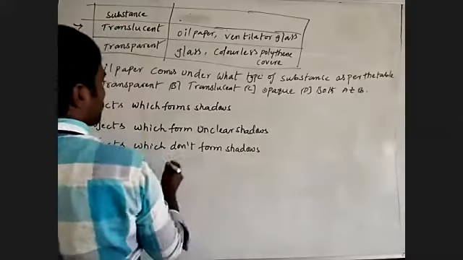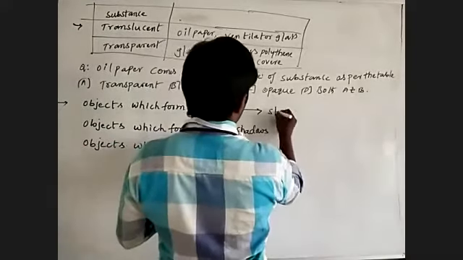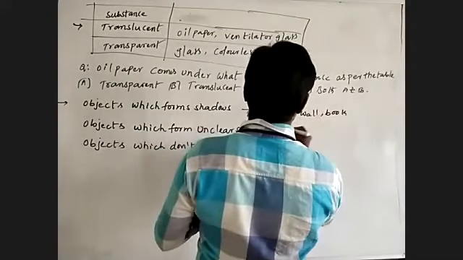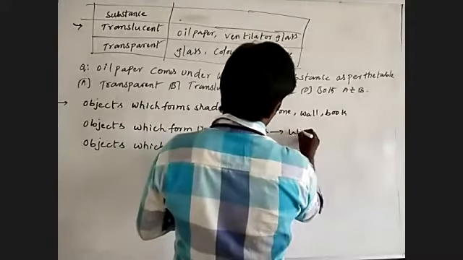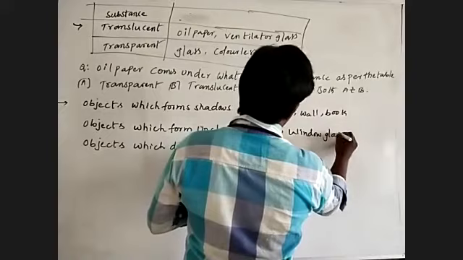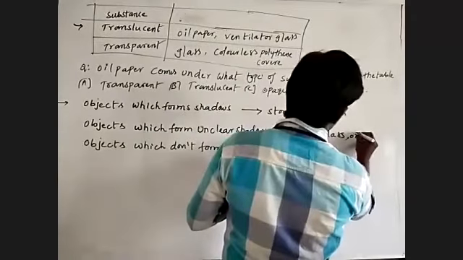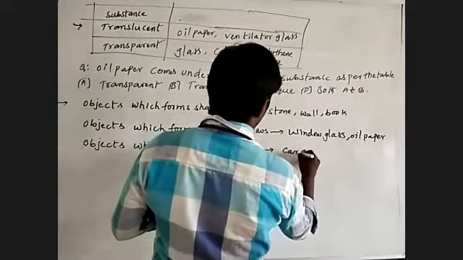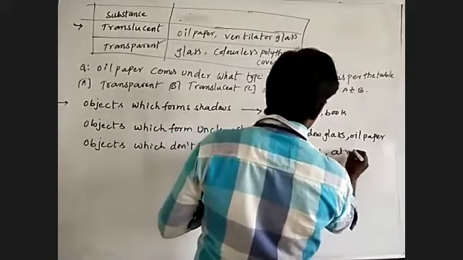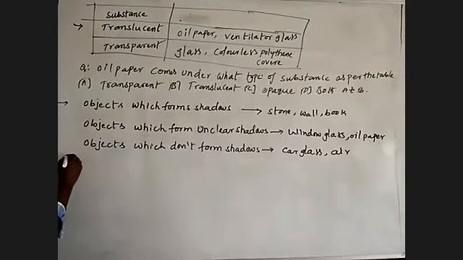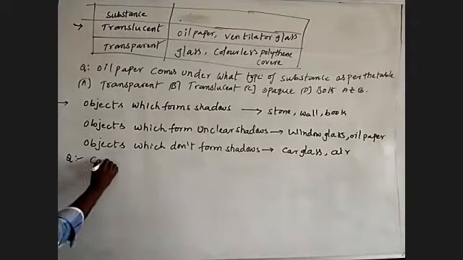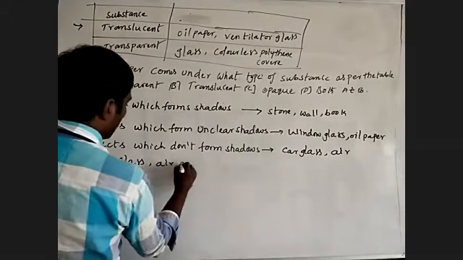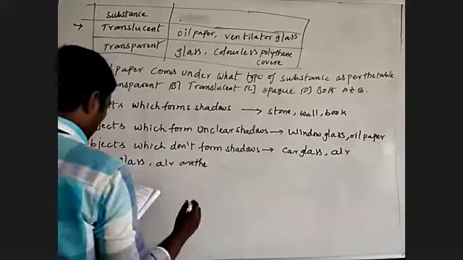Okay, to talk for that, let's talk stone, wall, book, then window glass, oil paper, then car glass, air. So from that we are going to raise the question: car glass, air are the example of.